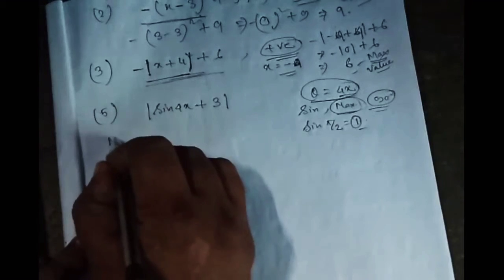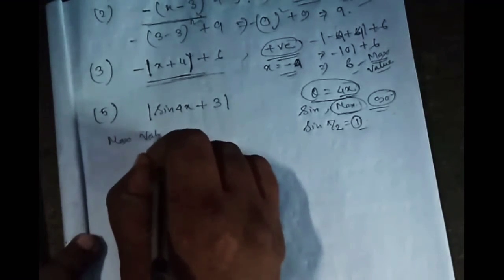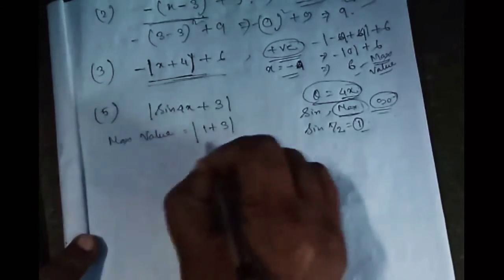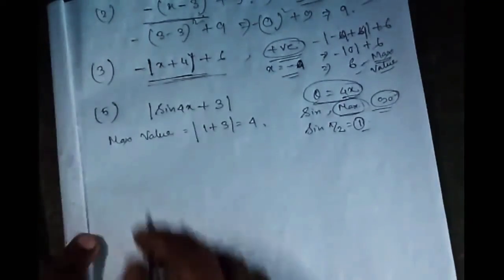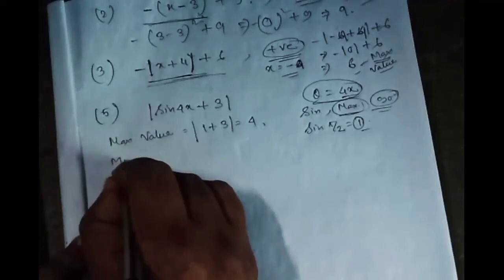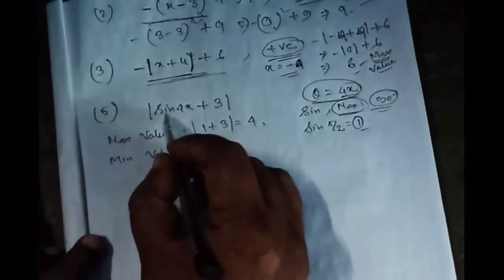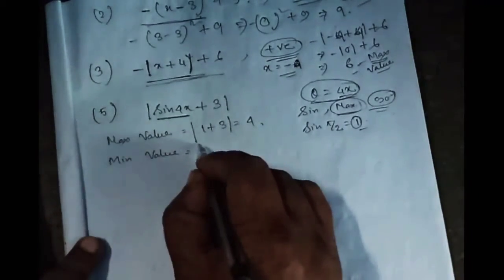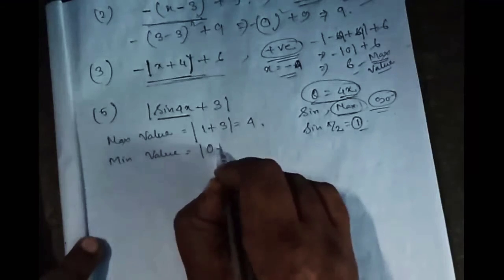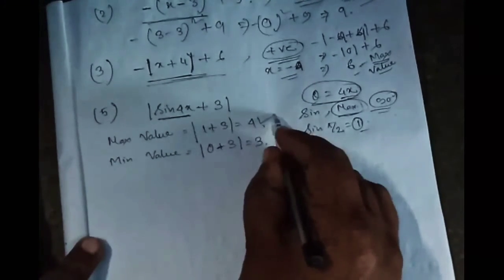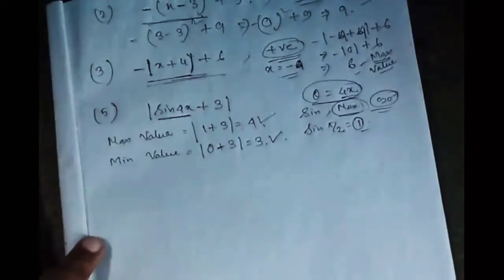So the maximum value should be 1 plus 3, that means 4, and the minimum value of this function depends on this sine function. So when the sine function is 0, so 0 plus 3, that means 3. So the maximum value of the function is 4, minimum value is 3.